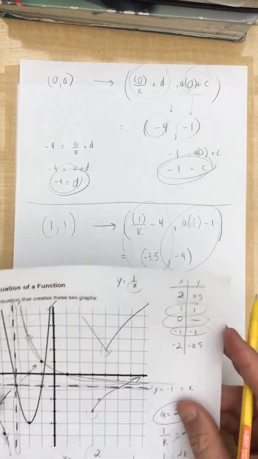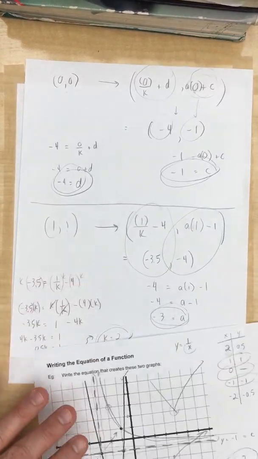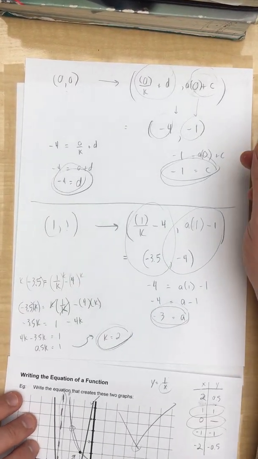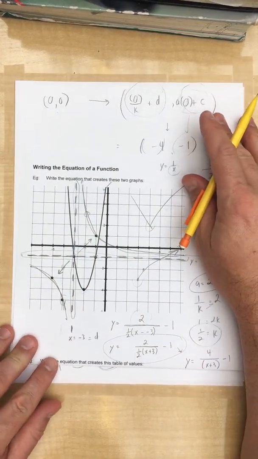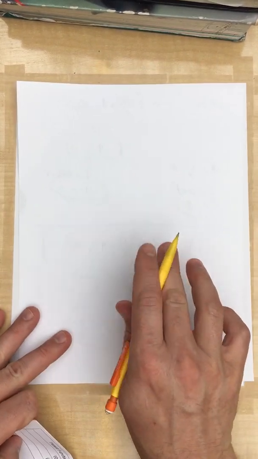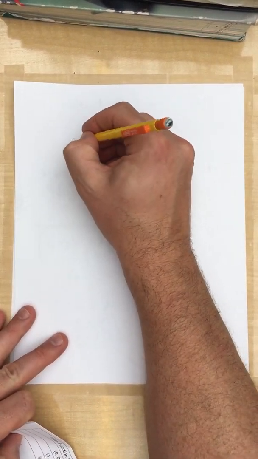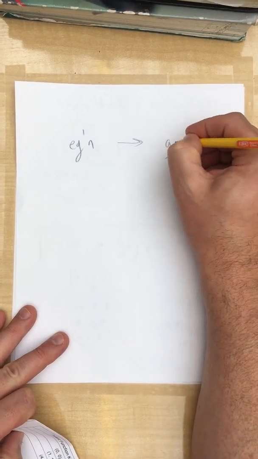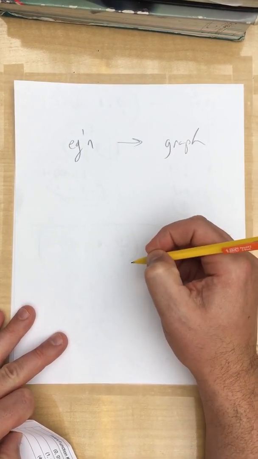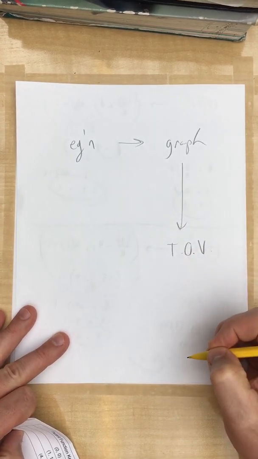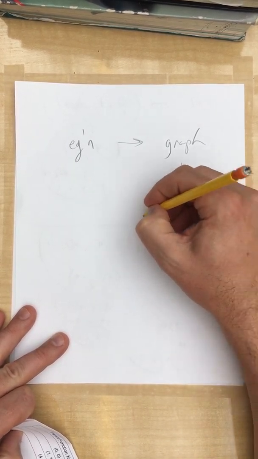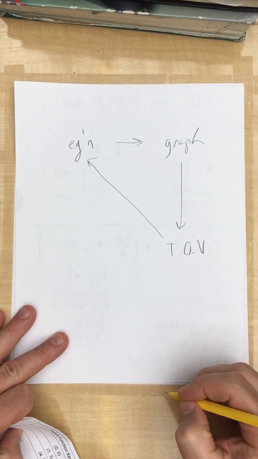I'm probably going to ask you either one of these, or maybe both. But the whole point is that there is an expectation that we should be able to go from equation to graph, from graph to table of values, and from table of values to equation.